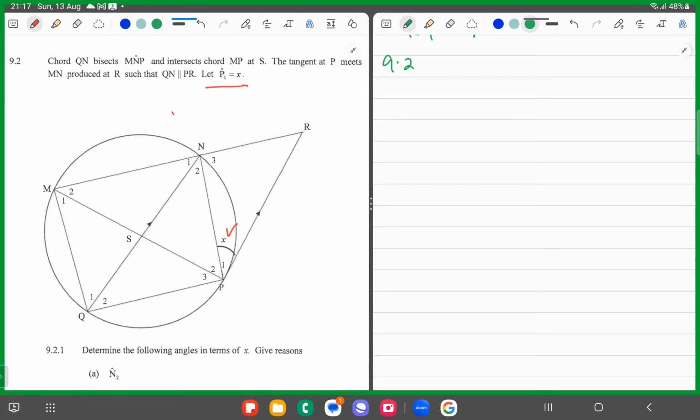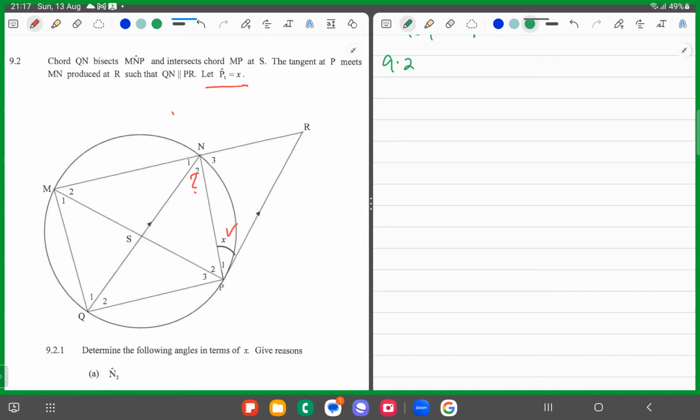We need to determine the following angles in terms of x. Give reasons. Angle N2, this one, in terms of x. What is angle N2 in terms of x?